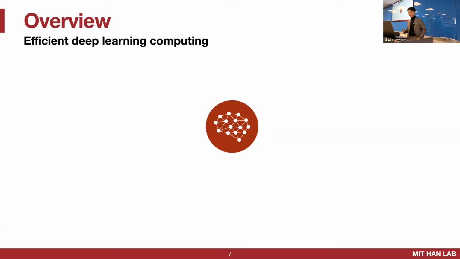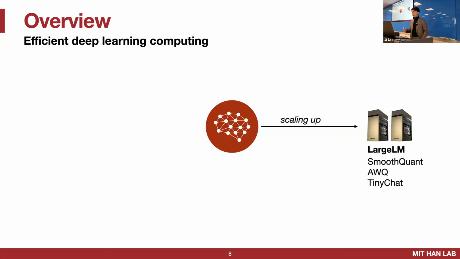Therefore, we think that efficiency is a key component in the age of deep learning computing, especially nowadays. I have been working on various techniques over my PhD study to improve the efficiency of deep learning computing. I have been working on two extremes of scaling. Deep learning traditionally, starting from AlexNet, has mostly been running on single GPUs.